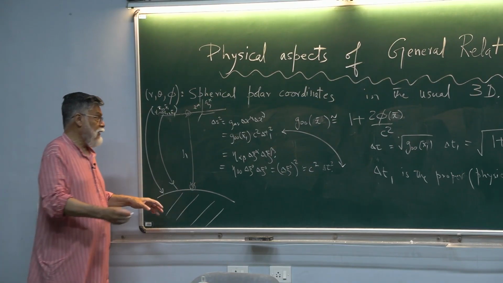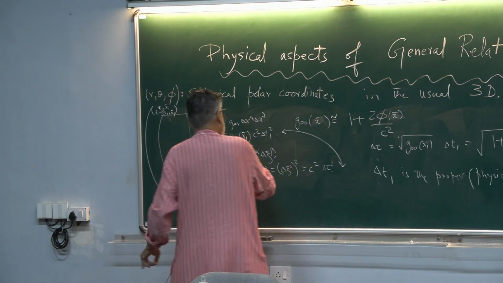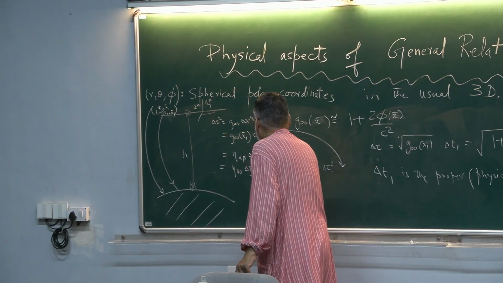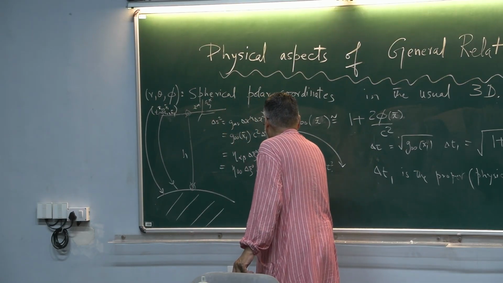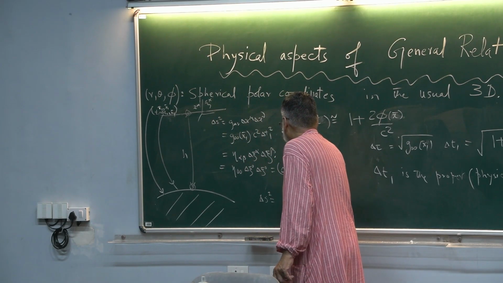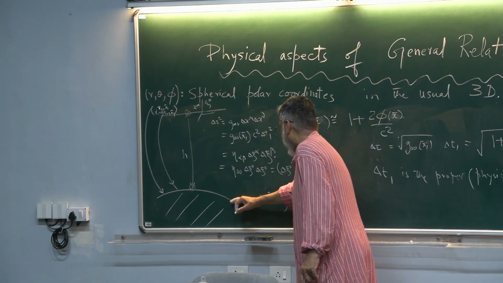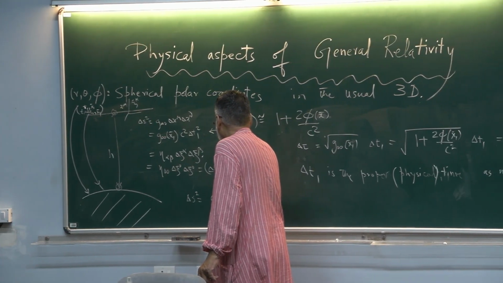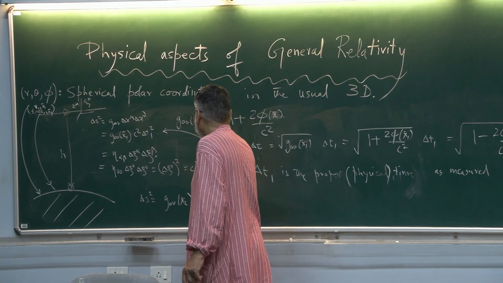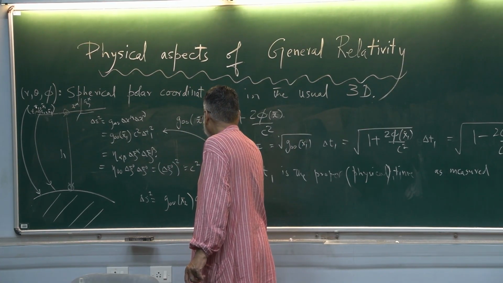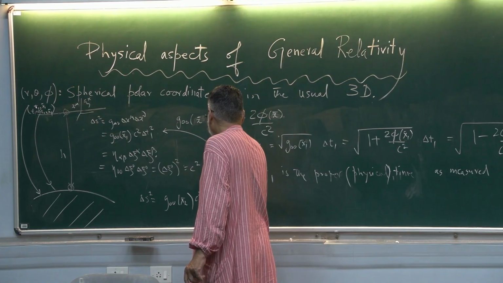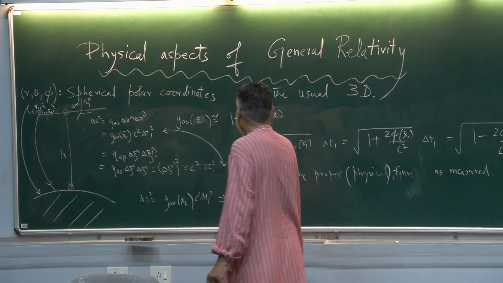Physical length will be delta S square equals G00 at x2 times c square delta T1 square, and hence this implies delta tau.